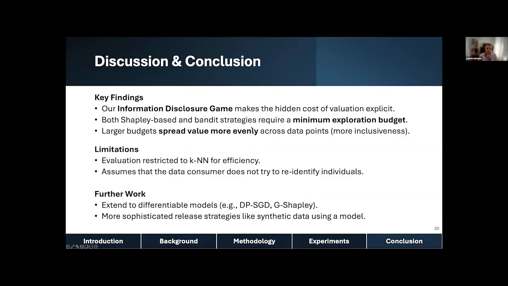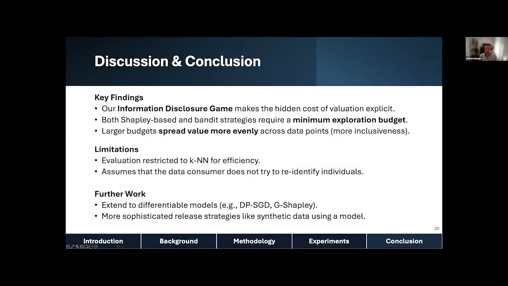Both Shapley-based and bandit strategies require a minimum exploration budget, around 20 iterations from our experiments. Larger budgets spread value more evenly across data points, so it creates more inclusiveness. Actually, in the first iterations, the data consumer acquires all data points, so there won't be any individuals left behind. Even if their contribution is very small or even negative, they will get a little bit of shares.